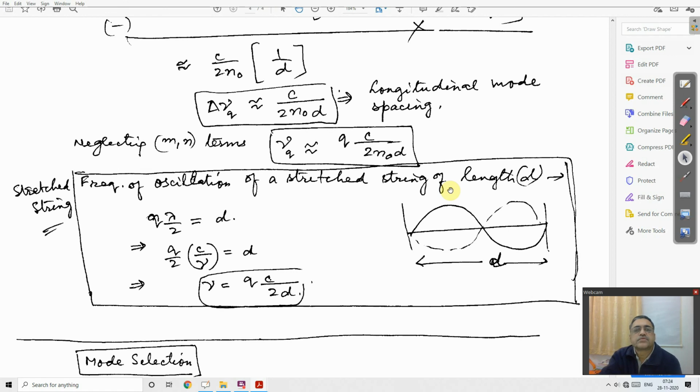So delta nu_q is equal to c by 2 n naught d. It is the longitudinal mode spacing, and neglecting mn, in general we can write nu_q equals q c by 2 n naught d, because now it depends on q.